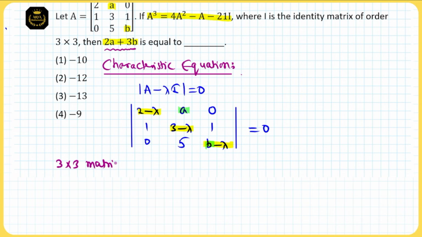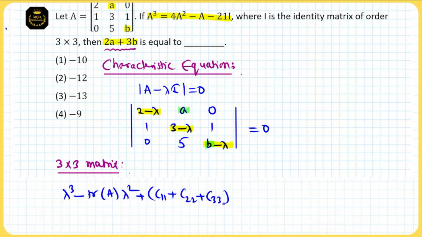If you know this direct formula for writing the characteristic equation, then you can significantly reduce your calculation. The formula is very simple. If I need the characteristic equation for any 3 cross 3 matrix, then you can write lambda cube minus trace of A into lambda square plus cofactor of leading diagonal terms, so C11, C22, C33, the sum of cofactors of these three elements 2, 3 and b.